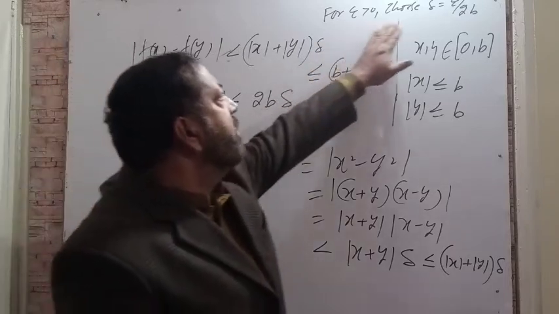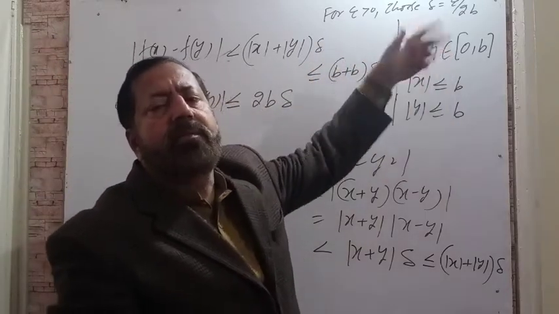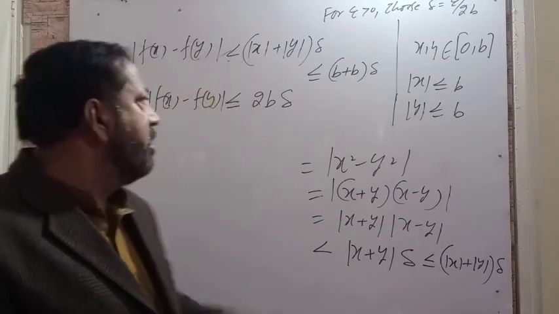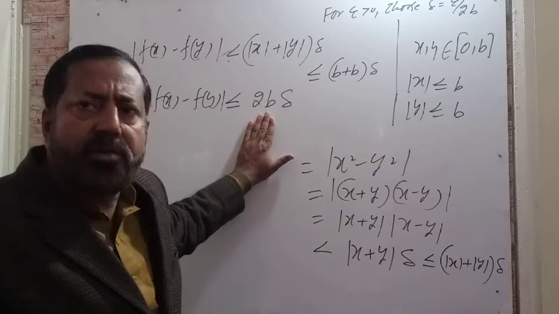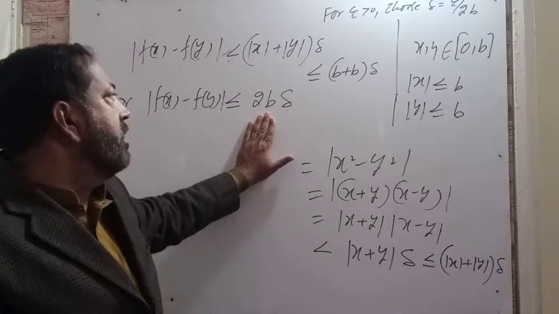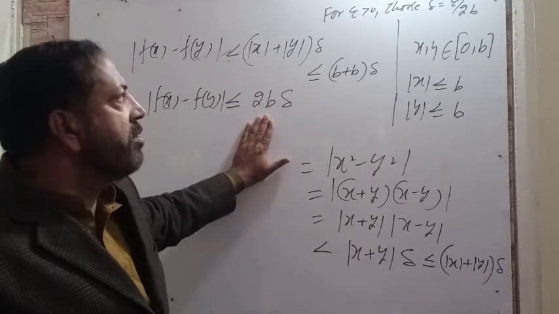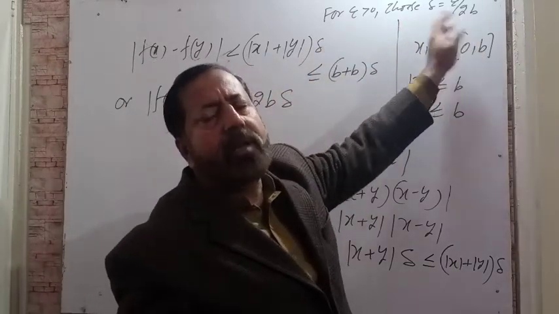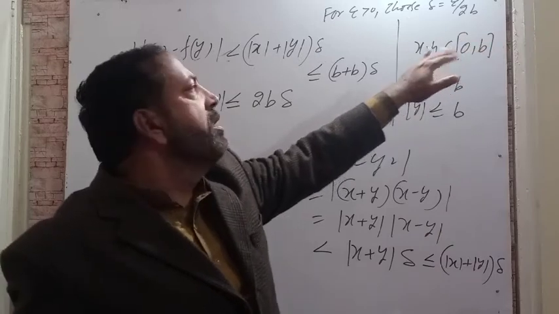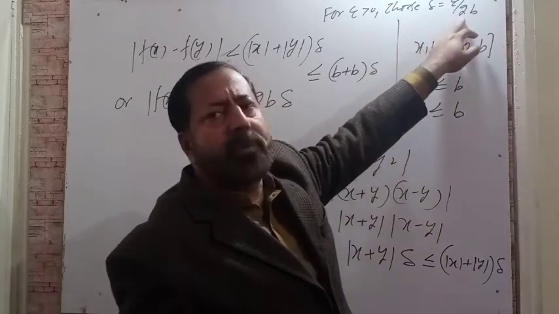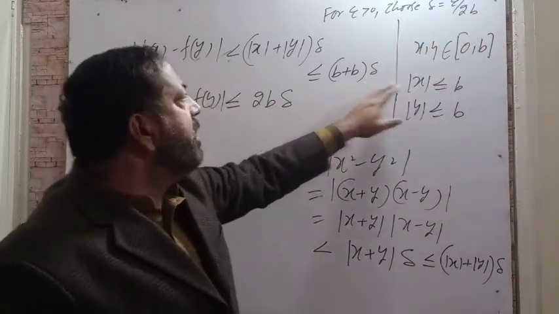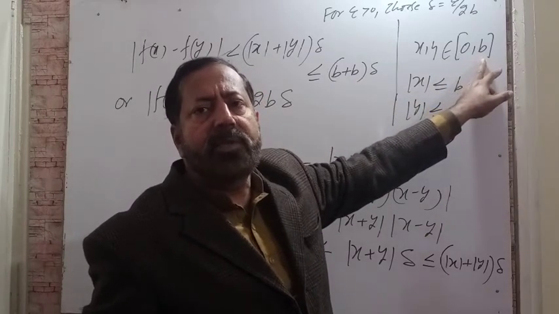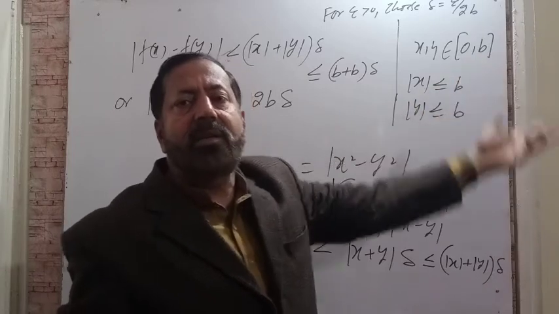So that's why I left delta open, to decide what the value of delta should be. Through calculation you can decide later what the value of delta should be. So for epsilon positive choose delta equal to epsilon by 2b, or delta less than epsilon by 2b. Here you see that delta depends upon epsilon only, because b is a fixed number. b is not an arbitrary point, b is a fixed real number.